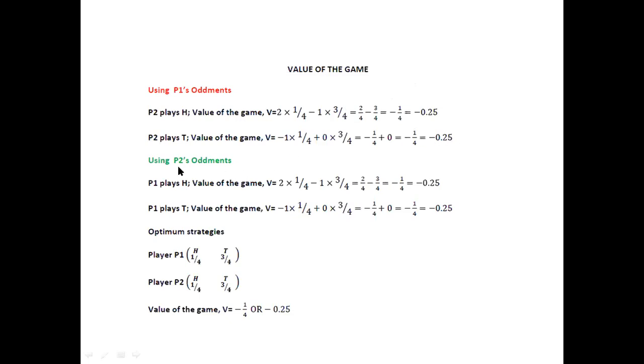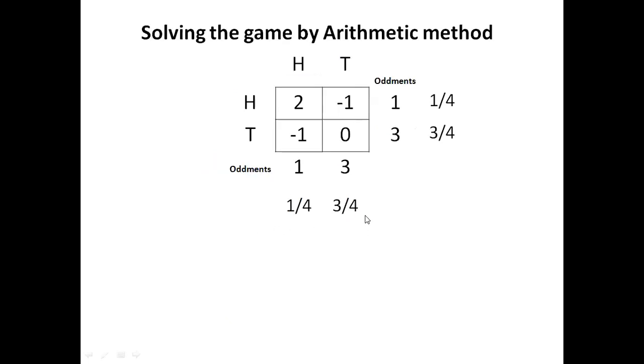And similarly, using P2's oddments, these are the P2's oddments. When player P1 plays with the single strategy H, then 2 into 1 by 4 minus 1 into 3 by 4. Again, it will be minus 1 by 4 or minus 0.25. And similarly, second, when player P1 is playing with the strategy T, that is minus 1 into 1 by 4 plus 0 into 3 by 4, which will give minus 1 by 4.